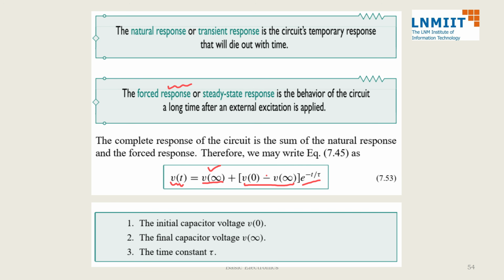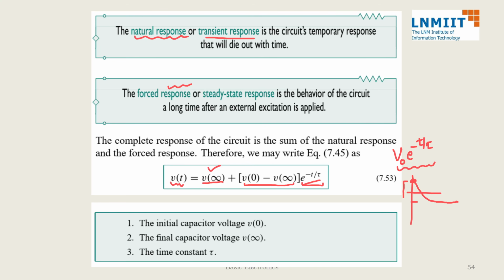And e raised to power minus t by tau, if you remember in source free circuit, what was my equation? V0 e raised to power minus t by tau. This is called our transient response, or the natural response. So we are going from one value at t equal to 0 to some final value at t equal to infinity.